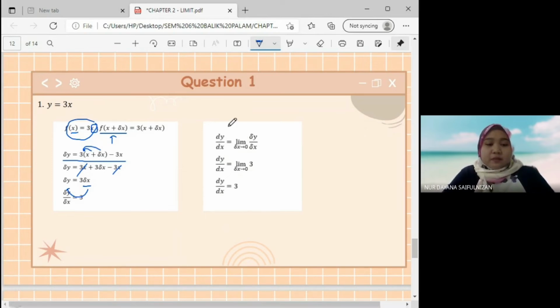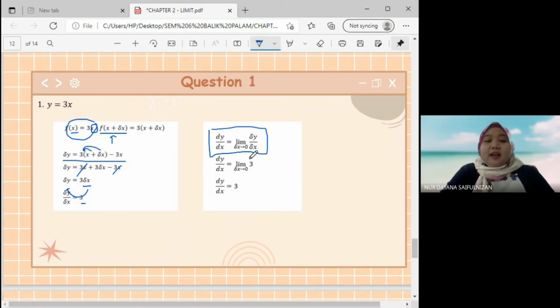Okay, so here is the second formula that I show you just now. So we already get the delta y over delta x. So we just substitute the value 3 into this function, and we will get dy over dx equal to limit 3 as delta x approaching 0.